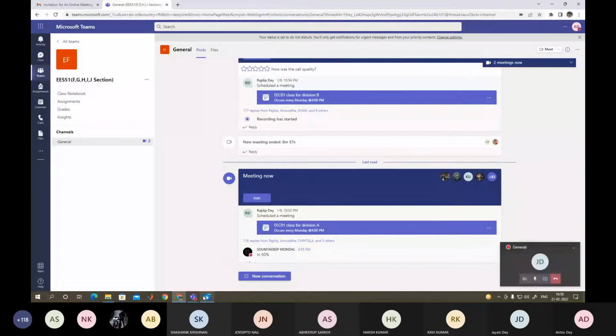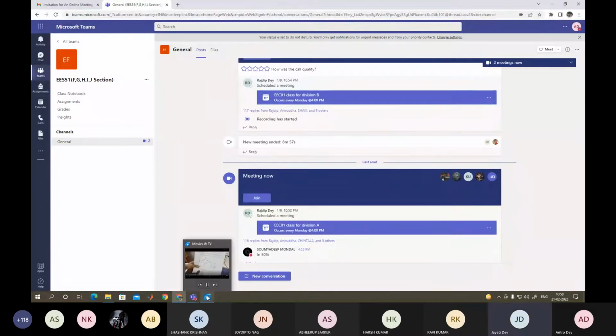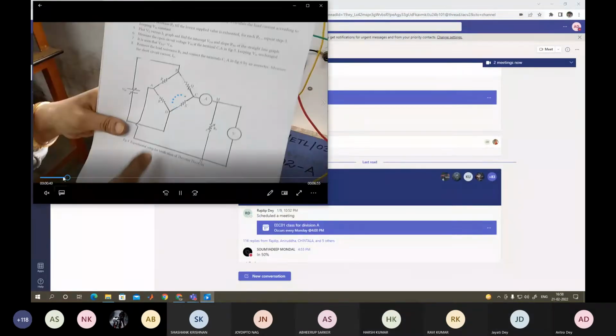Are you able to see the screen? Yes, sir. Oh, why is it not playing?